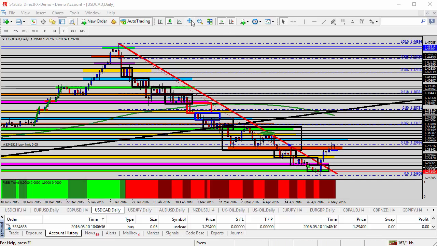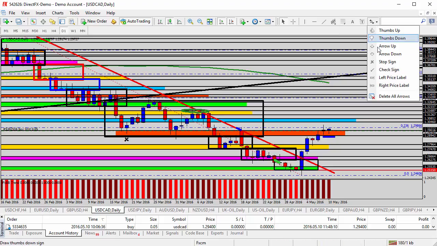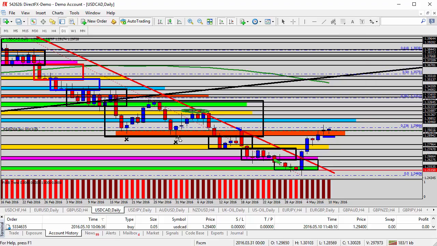Let's go ahead and zoom in a little bit more here. The orange shaded area down towards the bottom of the chart, you see back here on the left-hand side, support. So let's put a black X there. Right there is support. Several days after that, we saw support again in that same orange shaded area between 1.2950 and 1.2895.